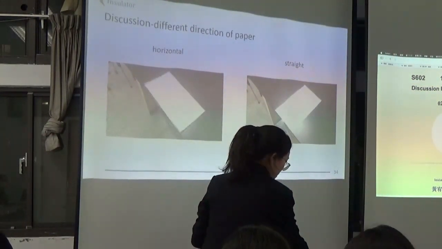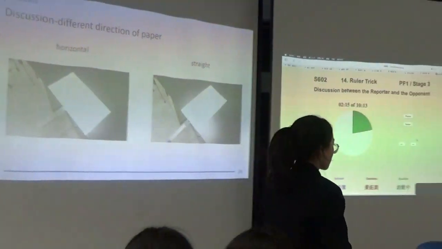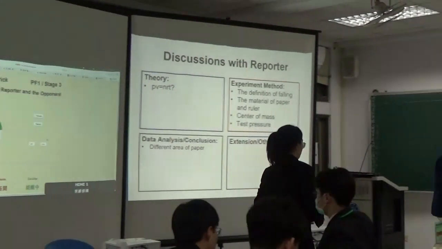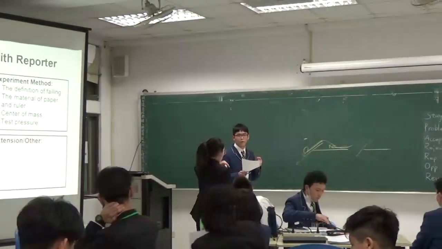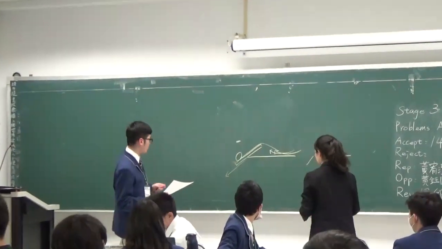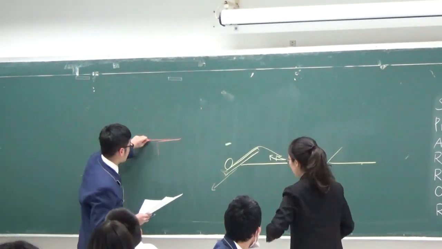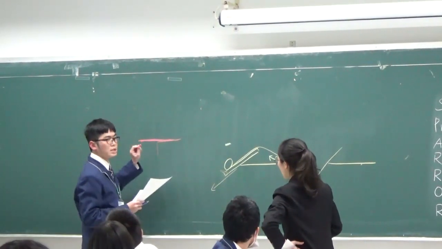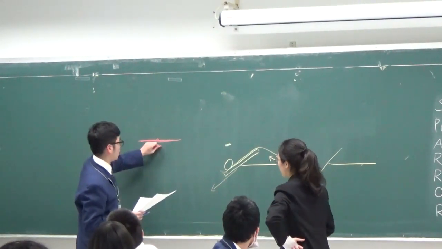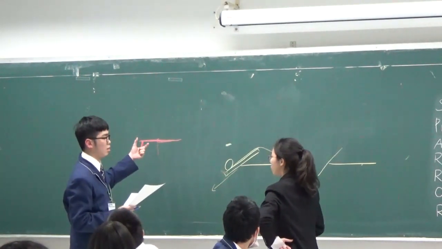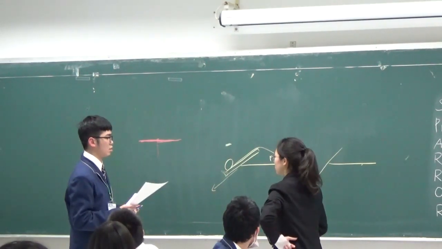For this question, can we move to the board? I think the main focus to define the folding is the center of mass. For example, if this is the edge and the ruler is on top of it, if the center of mass goes over the edge, I think we can define it as folding. What do you think?